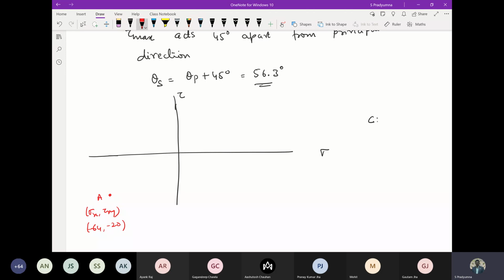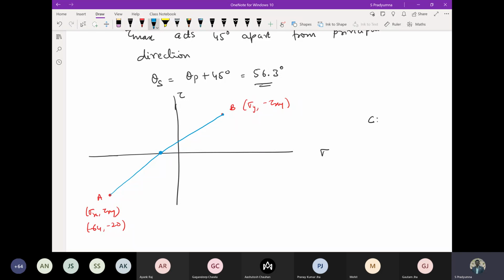Sigma y is 32 somewhere here, and minus of minus 20 you get somewhere here. So this is point B corresponding to sigma y comma minus tau xy. Join this, join this, join this. So this is the center.